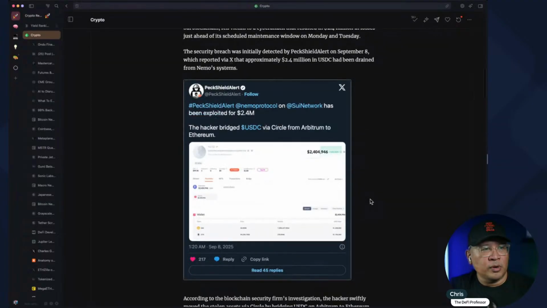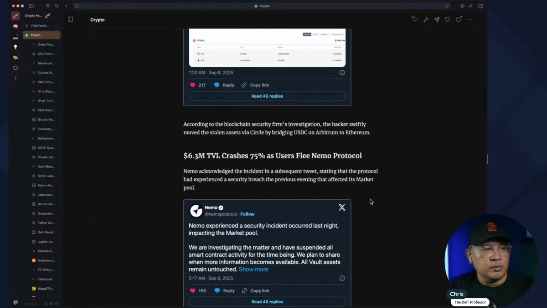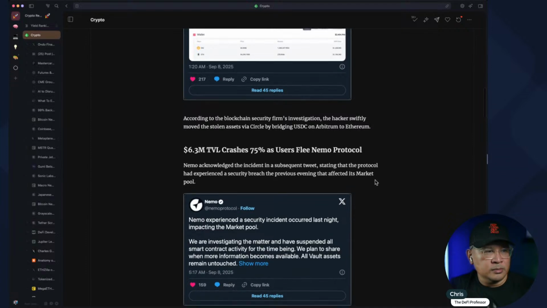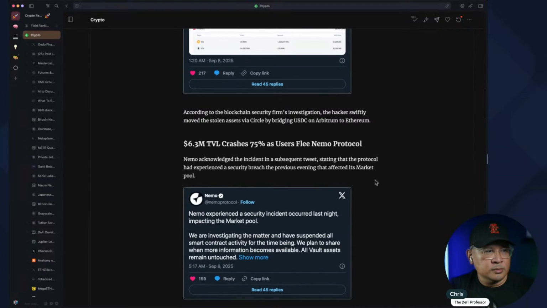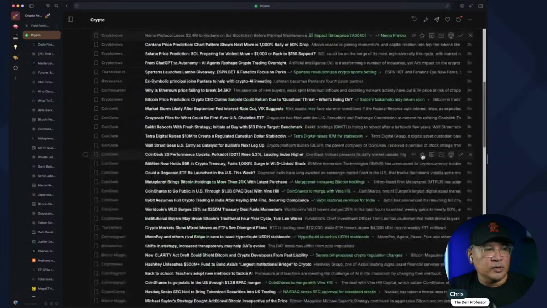I mean, 2.4 is a lot of money. Oh, there's been a run. There's been a run. Hopefully they work out. I personally have never used Nemo, so thoughts and prayers to those who do.